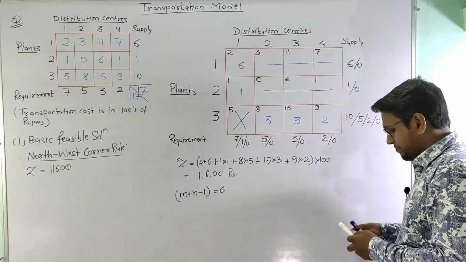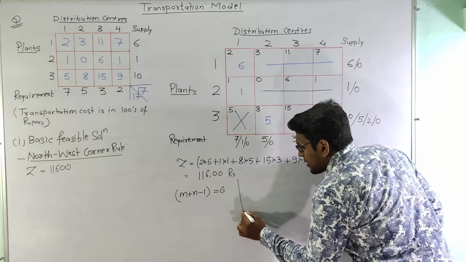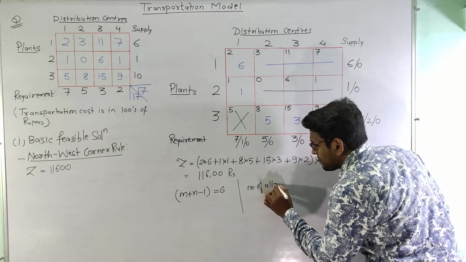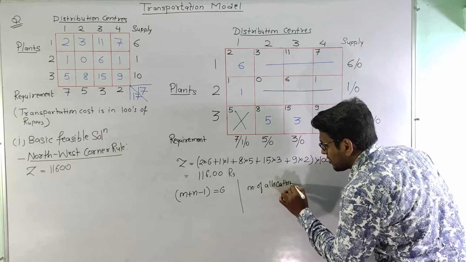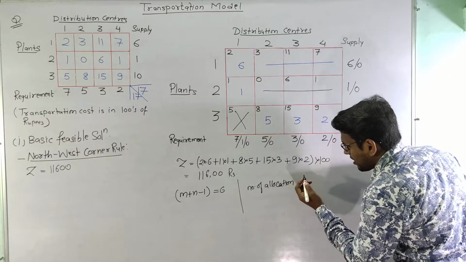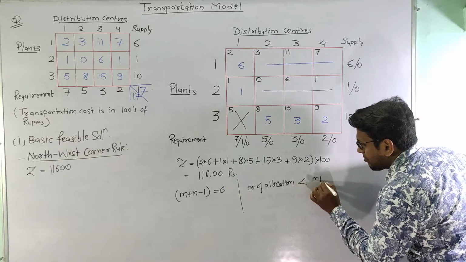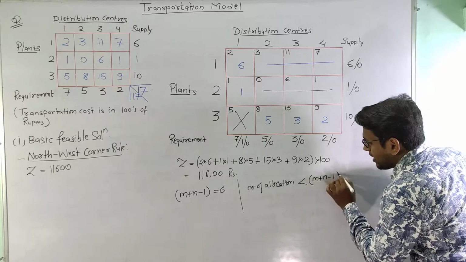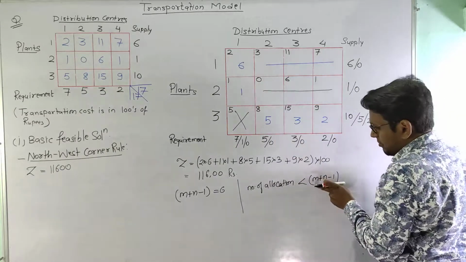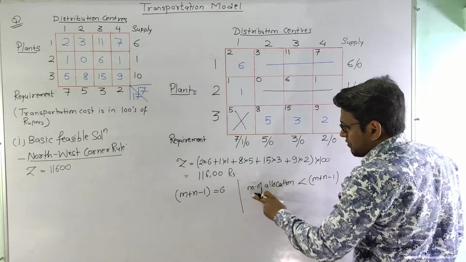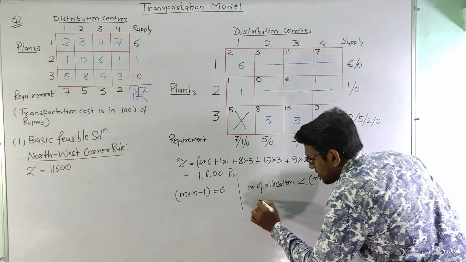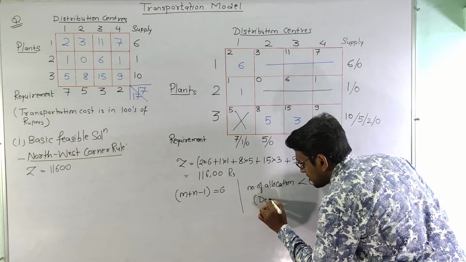So whenever the number of allocations is less than m plus n minus 1, as in this case the total number of allocations is 5 and m plus n minus 1 is 6, then it is a case of degeneracy.